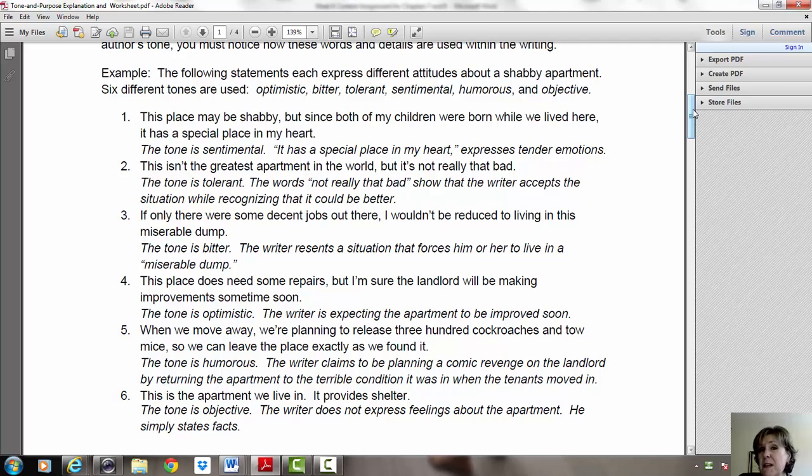Is it optimistic, bitter, sentimental, humorous, tolerant? So that's the difference between an objective tone or a subjective tone. But just remember that the tone is the author's attitude about what he's writing about.